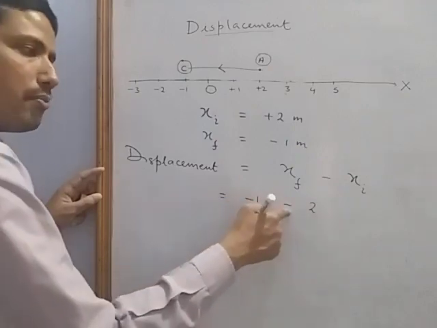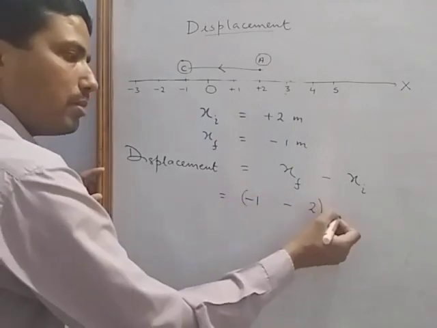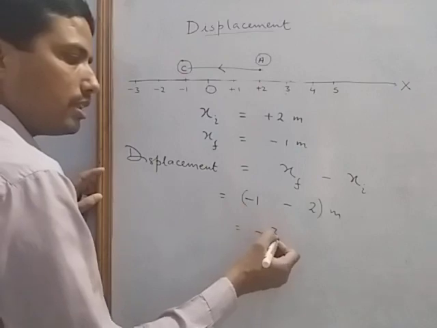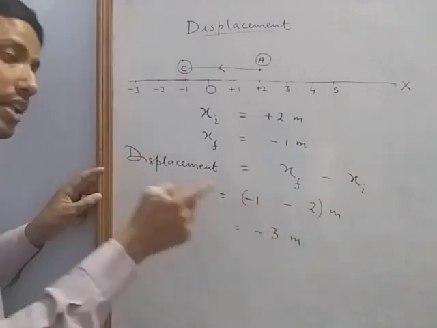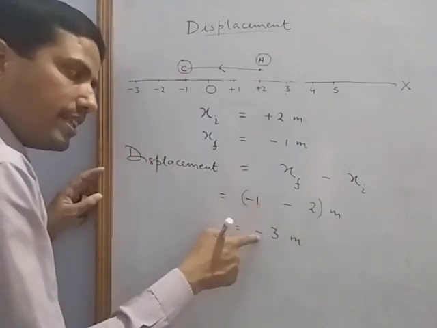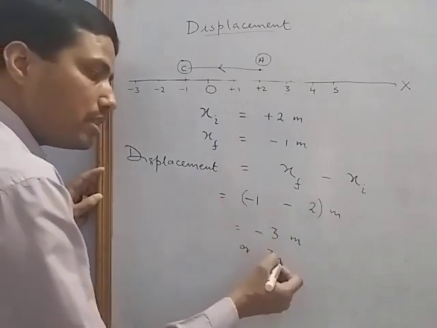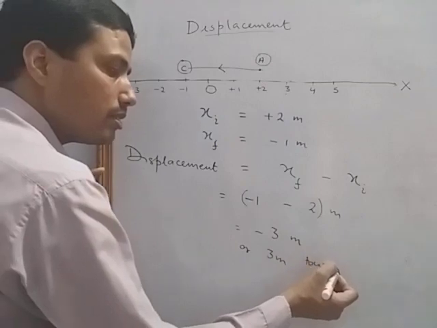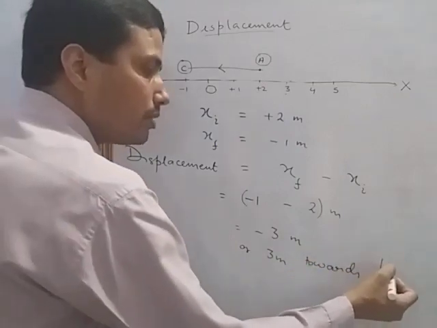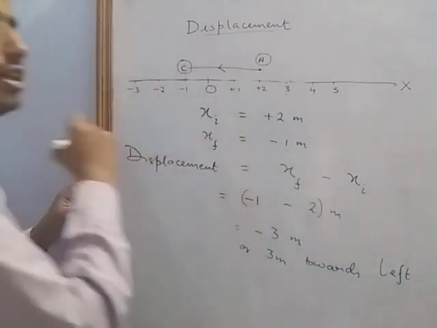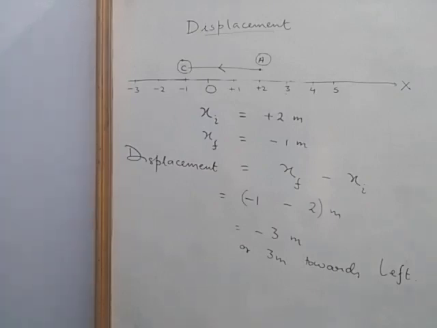So minus 1 minus 2, that becomes how much? -3 meters. The minus sign here means towards left. So you can also write this as 3 meter towards left. In this way you have to find displacement.